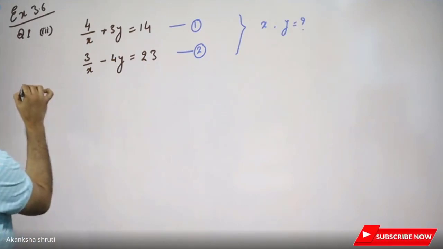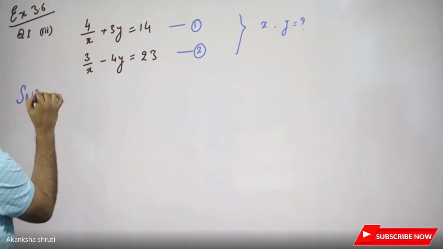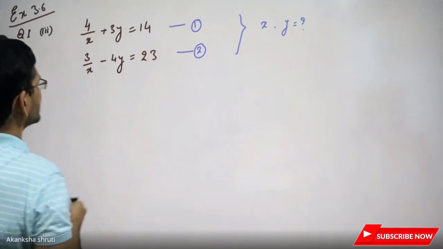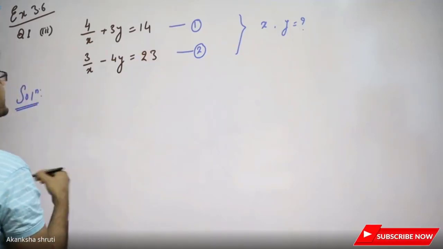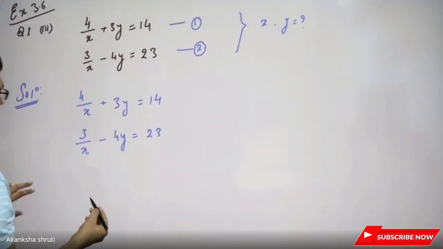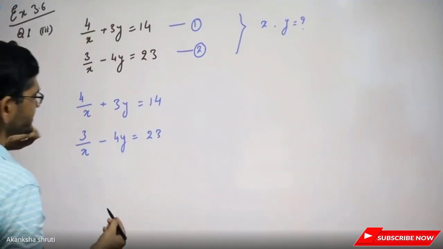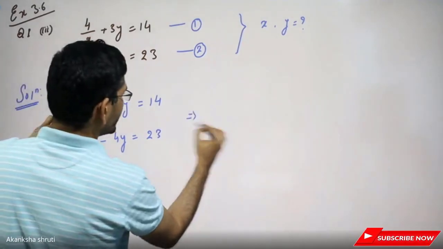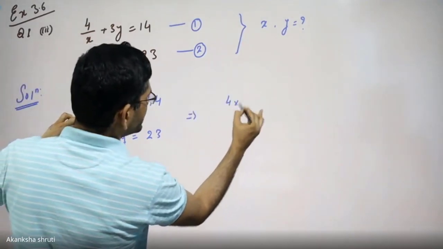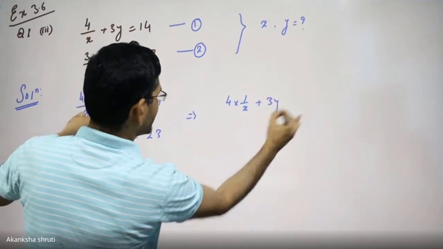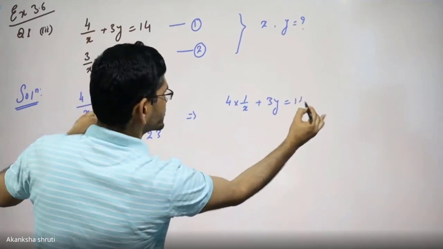In such a question, we shall try to convert this given pair of equations into linear equations. Here, 4/x is nothing but 4 into 1/x, plus 3y = 14.